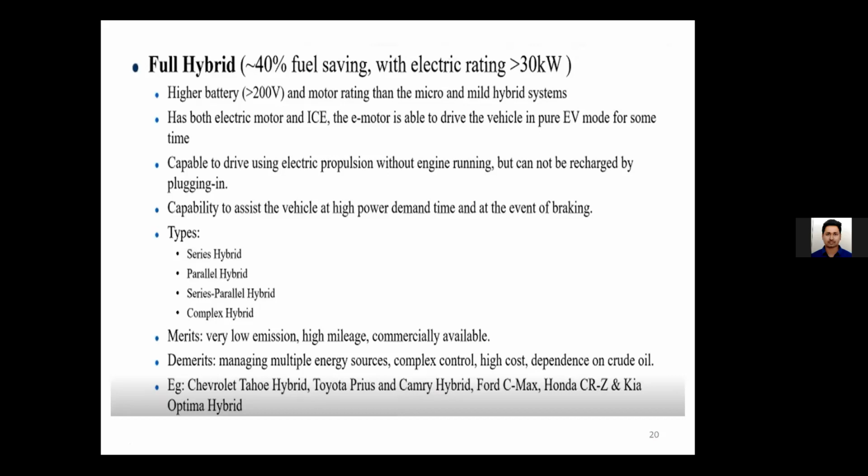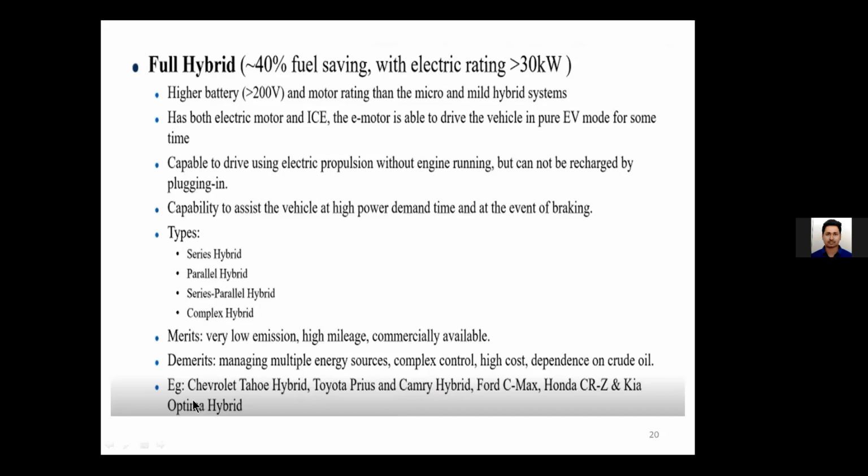And one more thing is that even though it's a hybrid model, it can operate as pure EV, without taking any energy from the IC engine. So it can operate as a pure EV for some time at least. Full hybrid is capable of this. Again, in full hybrid we have some other variants or types.